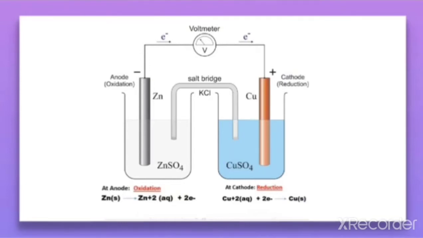For this, two different containers are taken, in which a zinc rod is dipped in zinc sulfate solution and a copper rod is dipped in copper sulfate solution. So in one container the zinc rod is dipped in zinc sulfate solution and in the other the copper rod is dipped in copper sulfate solution.